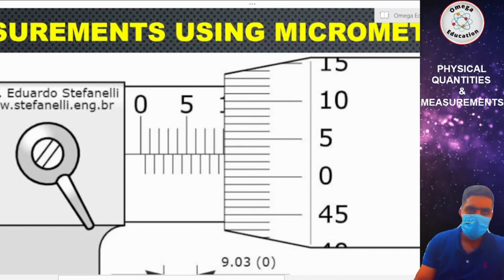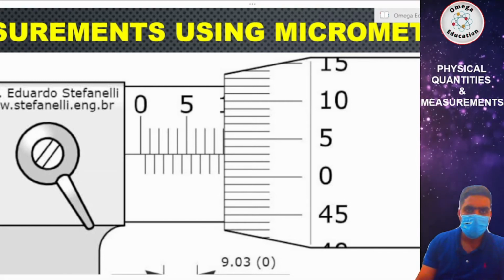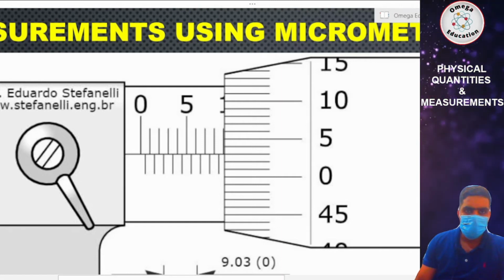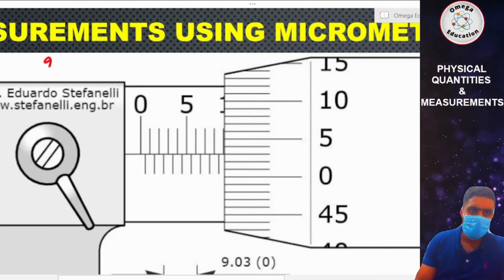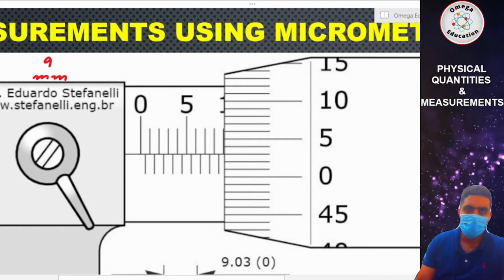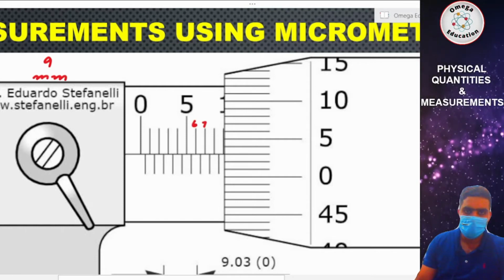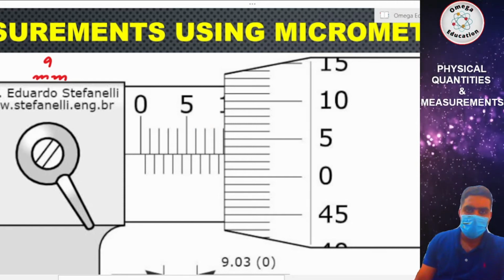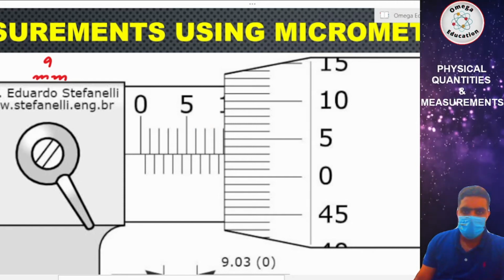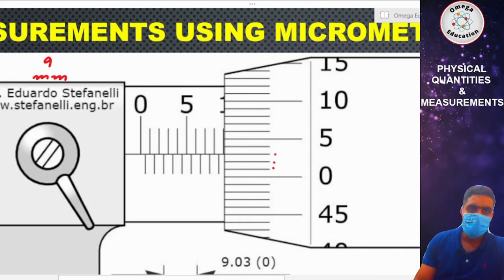Let's crack this one real quick. So here we have another one, 5, 6, 7, 8, 9. 9 millimeters from the main scale. I hope that makes sense, because this is line number 6, 7, 8, and 9 here. So 9 from there, and then we have 1, 2, 3, line number 3.